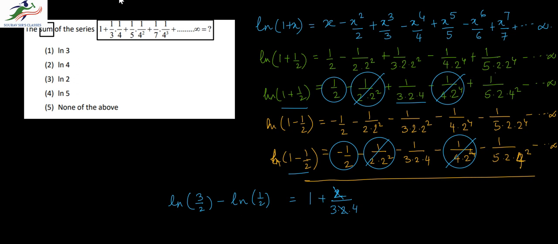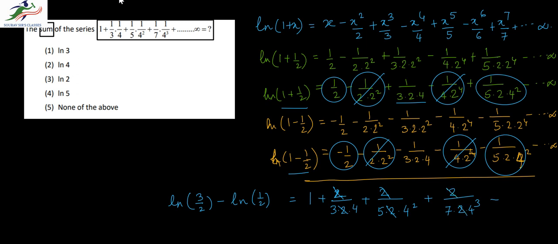So next one would be 1 by 5 into 2 into 4 square minus of minus 1 by 5 into 2 into 4 square would be 2 times 1 by 5 into 2 into 4 square. So again this will continue. The next term will be 2 into 7 into 2 into 4 cube and so on up to infinity.